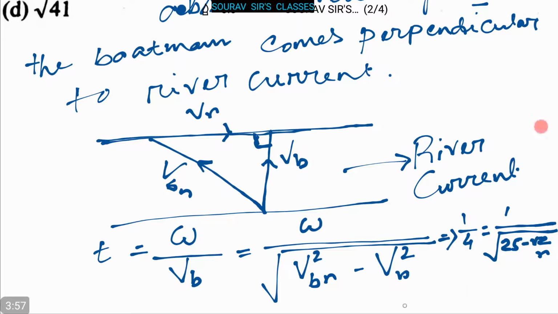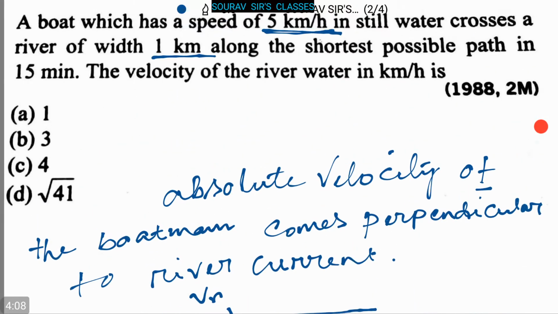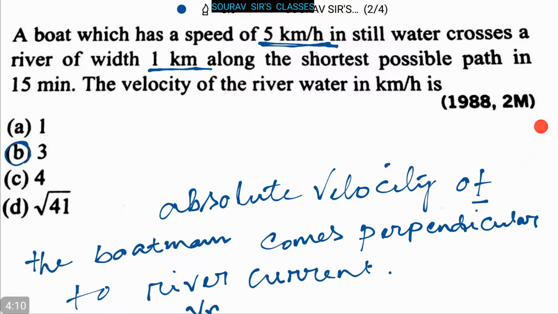From this we get the value of VR, the velocity of the river, as 3 km per hour. So option B, that was given as 3, is our correct answer.